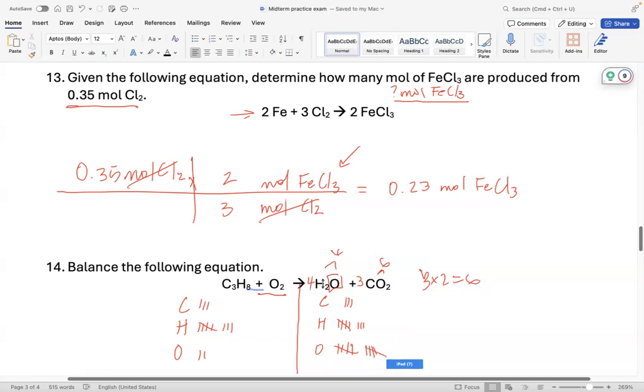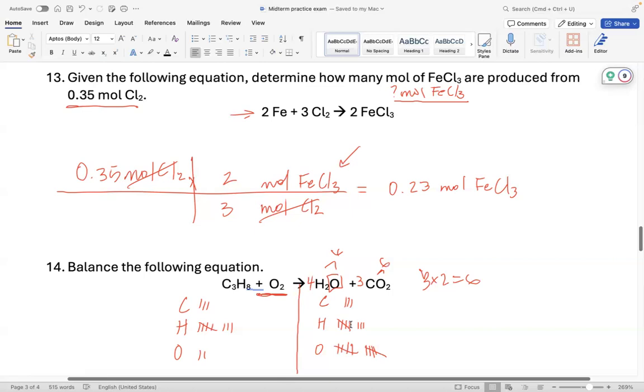All right, so we have our carbons balanced, we have our hydrogens balanced. We have 10 oxygens on the right, and we can balance oxygen by itself here on the left.